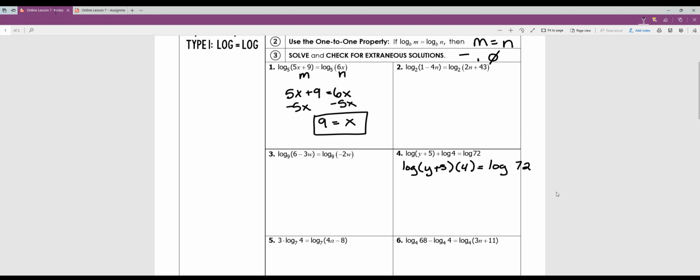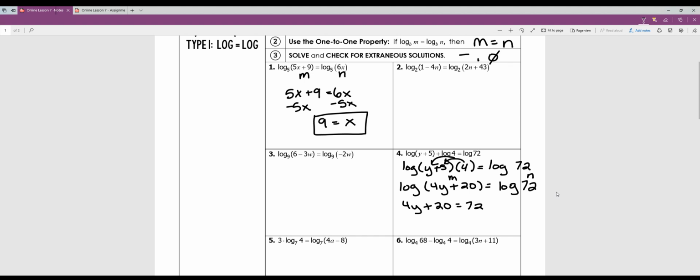So because I have y plus 5 times 4, I'm going to have to distribute this 4 to both pieces of what's inside my parentheses. So I'm going to get log of 4y plus 20 is equal to log of 72. And now that I have condensed, I'm going to use that one-to-one property. Here, that 4y plus 20 would be my m, 72 would be my n, so I'm going to set those two expressions equal to each other.